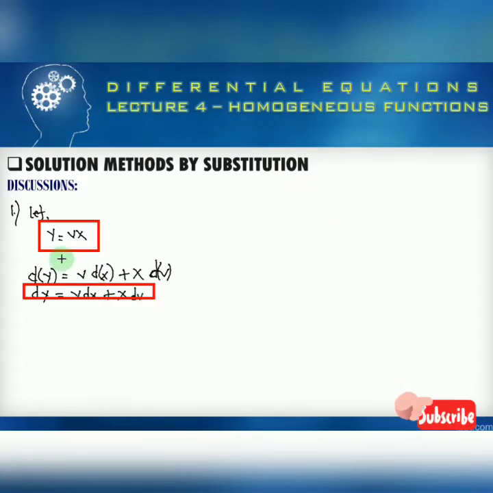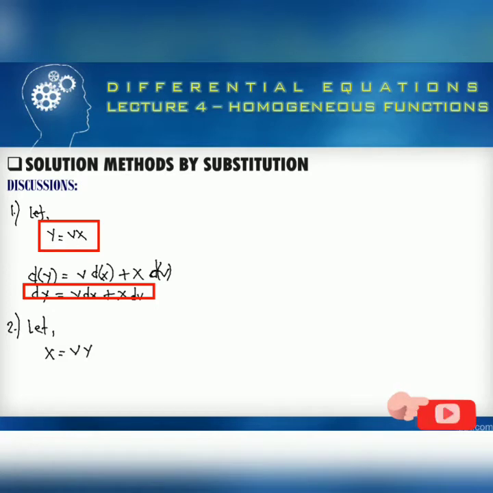So this is for the first method, and for the second one we let x equal to by. Just the reverse now. If in our first method y is equal to bx, our next method uses x equal to b times y.